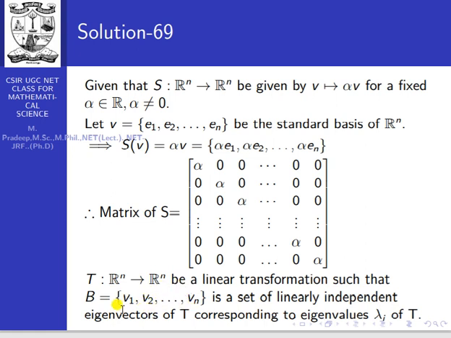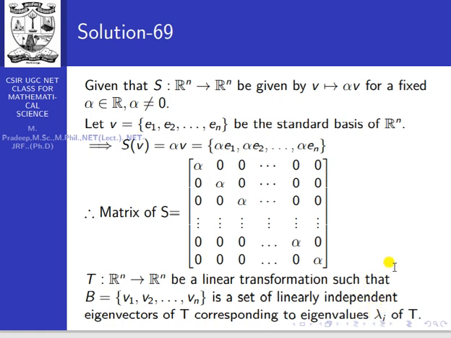So v1 is one of the eigenvectors, corresponding to some eigenvalue, which I will consider as lambda 1. v2 is another eigenvector, corresponding to another eigenvalue lambda 2. vn corresponds to eigenvalue lambda n. So this is a set of linearly independent eigenvectors of T corresponding to eigenvalues lambda i of T.